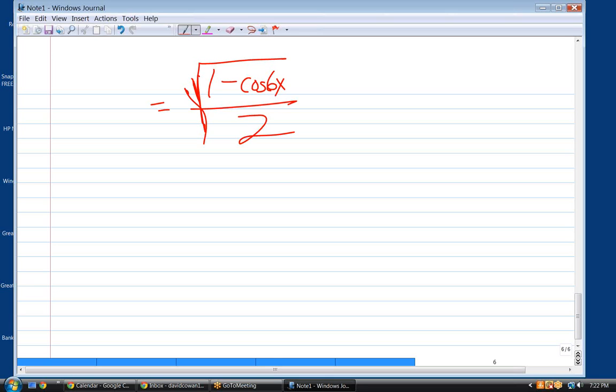So what do we know about that? That is equal to the square root of 1 minus cosine 6x over 2. And that reduction formula, hold on.